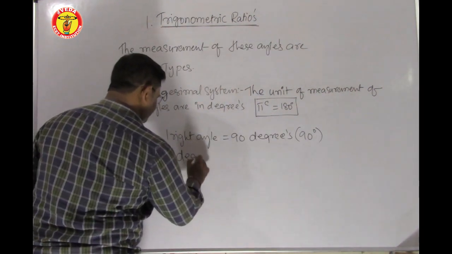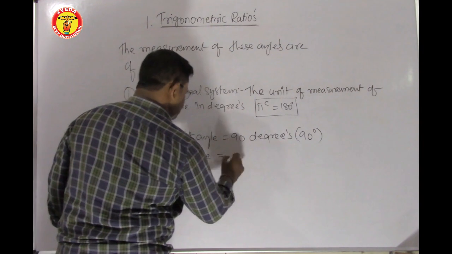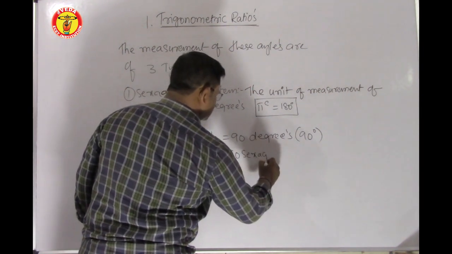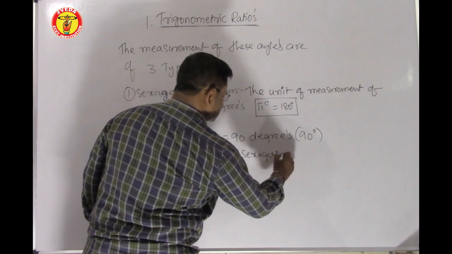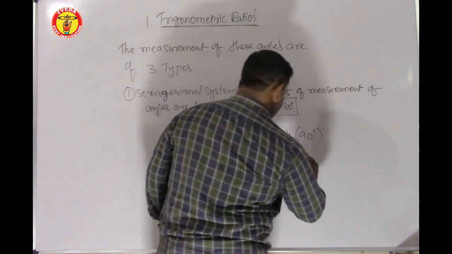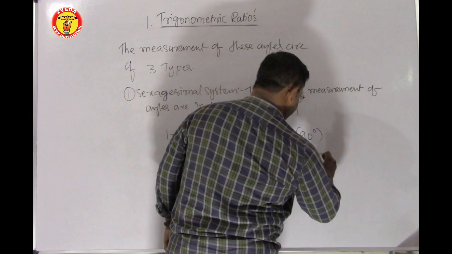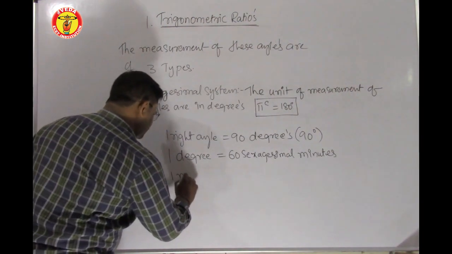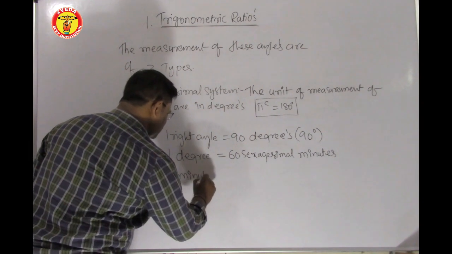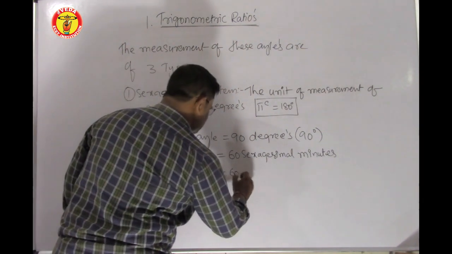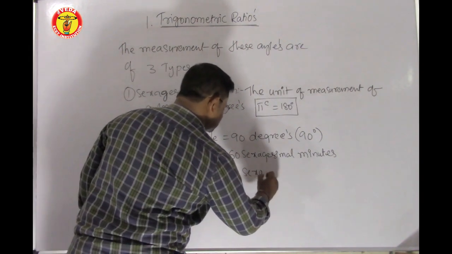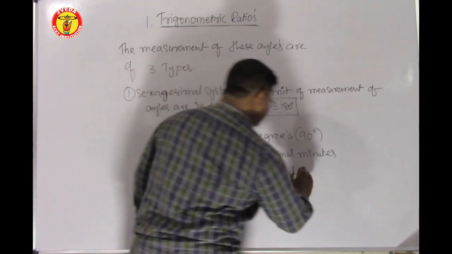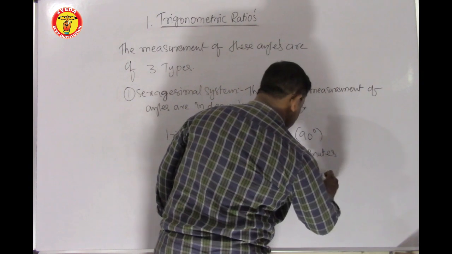One degree is equal to 60 sexagesimal minutes, and 1 minute is equal to 60 sexagesimal seconds.